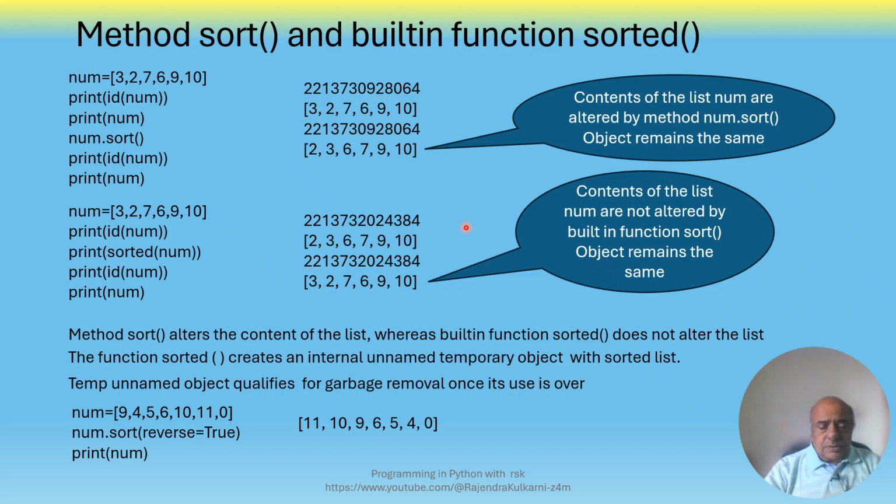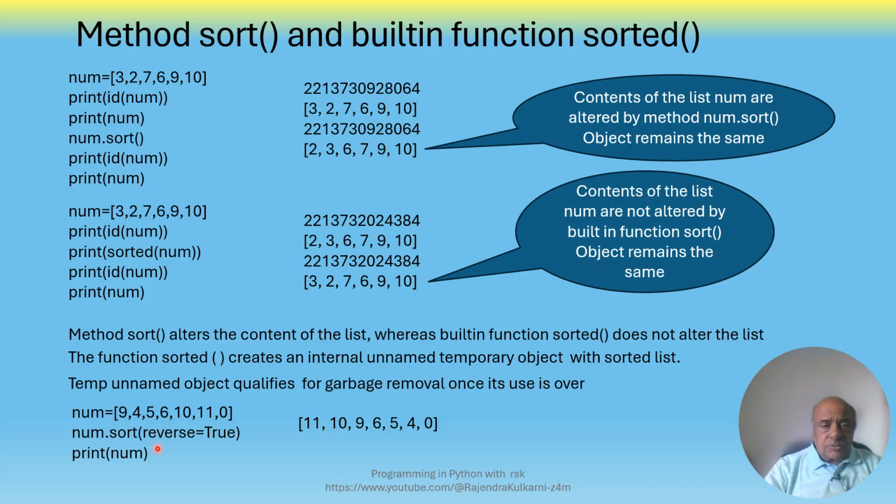It has the contents sorted but actual list remains the same. Method sort alters the content of the list, whereas the built-in function sorted does not alter the list. The function sorted creates an internal unnamed temporary object with sorted list. Temp unnamed object qualifies for garbage removal once its use is over.